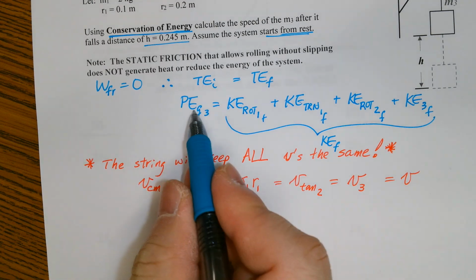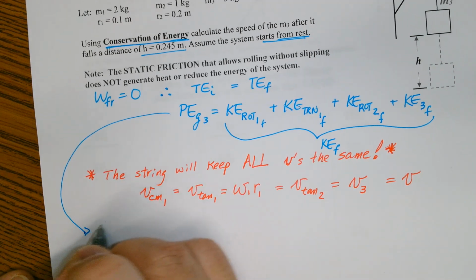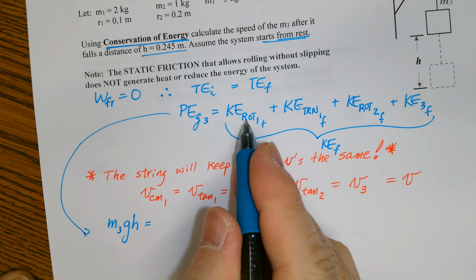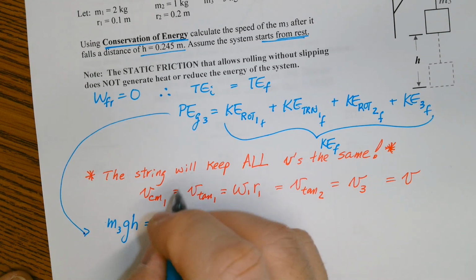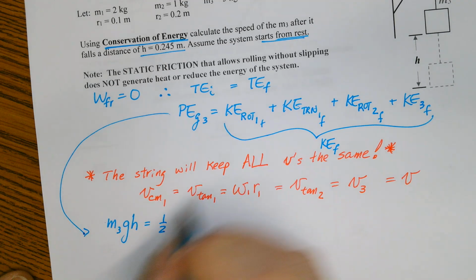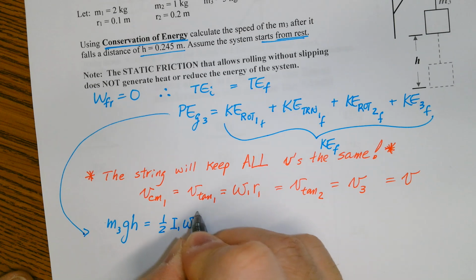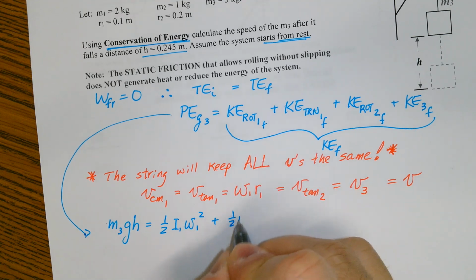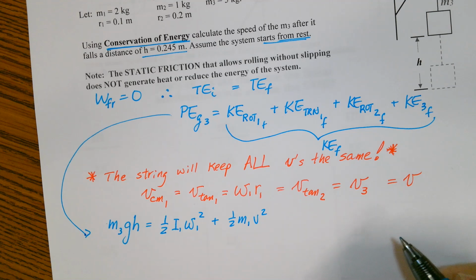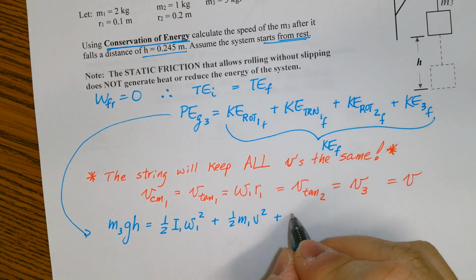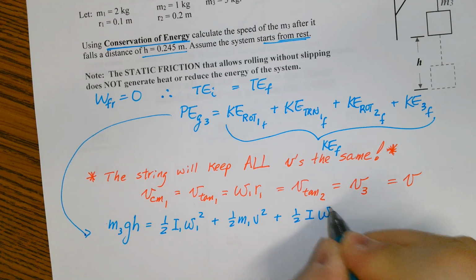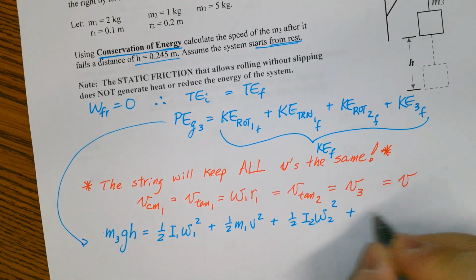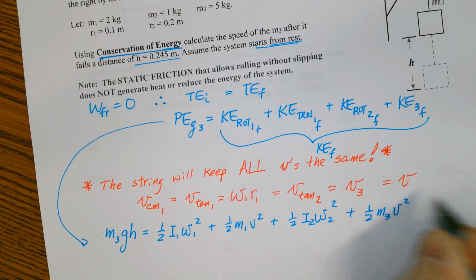So now we can go back to this. M3GH must equal, this one is 1/2 I1 omega 1 squared, plus this one is 1/2 M1 V squared, plus this one is 1/2 I2 omega 2 squared, plus 1/2 M3 V squared.